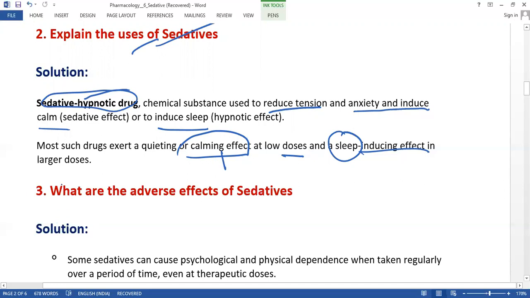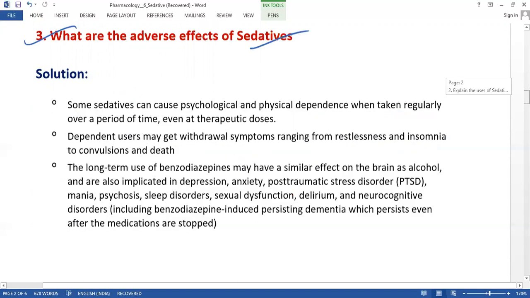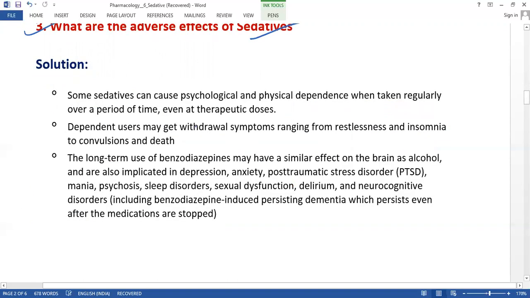Now let us know the adverse effects of the sedatives. Some sedatives may cause psychological and physical dependence. As I said, when taken regularly, they get addicted easily.